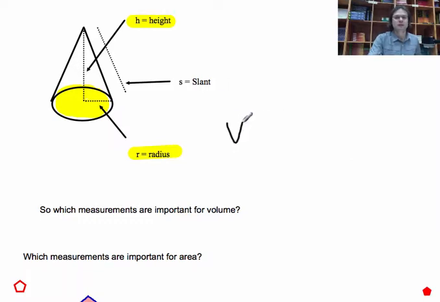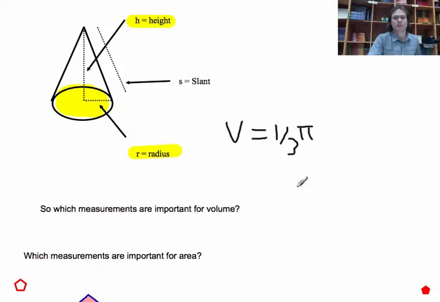Volume is equal to 1/3 pi r squared, multiplied by the height. So it's 1/3 of the volume of a cylinder.